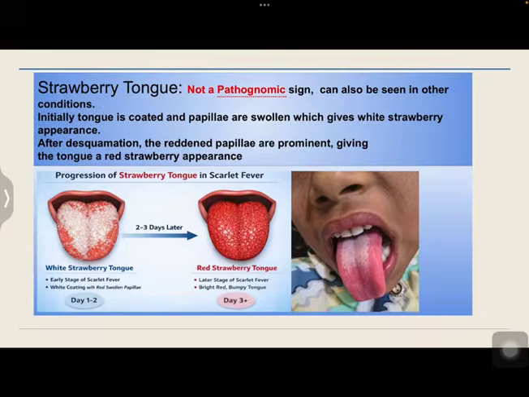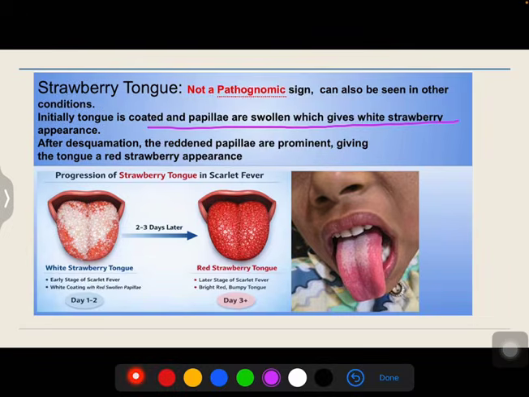Strawberry tongue is not a pathognomonic sign, it can also be seen in other conditions. Initially, tongue is coated and papillae are swollen, which gives white strawberry appearance. Once desquamation starts, reddened papillae are prominent, giving the tongue a red appearance, which is called red strawberry tongue. This is the image showing white strawberry in initial days, and later it becomes red strawberry 2 to 3 days later.